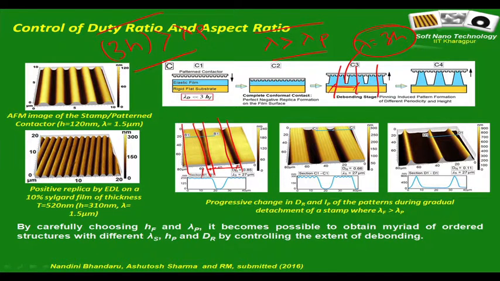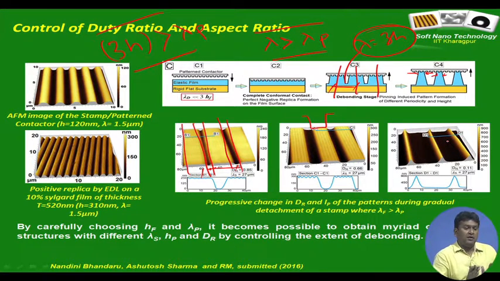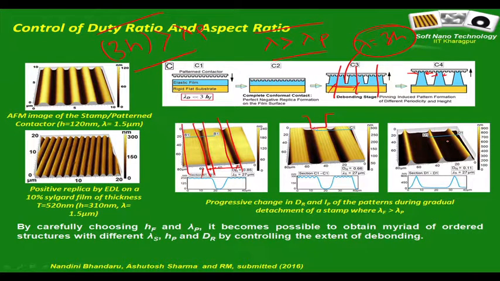But what is more interesting is, if you debond, the areas of the film which are in contact with the stamp detach in steps over the stamp protrusion, or go into a gradual detachment mode, and that allows you to create structures.